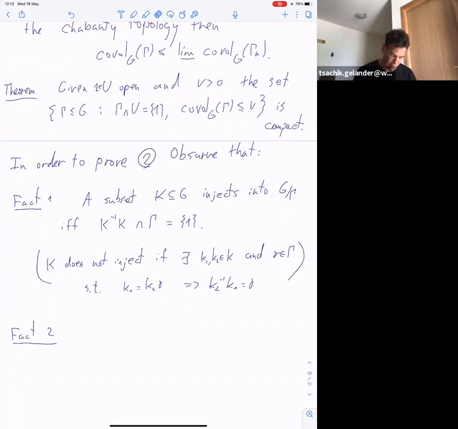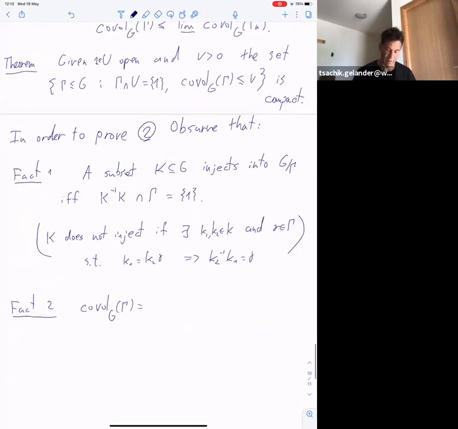that the co-volume of gamma is the supremum of the Haar measure of K such that K inside G is compact and K inverse K intersect gamma trivially.